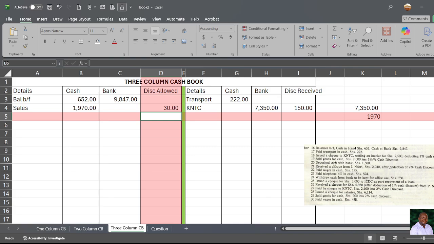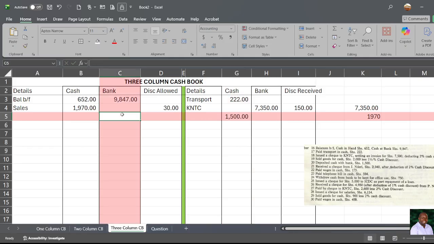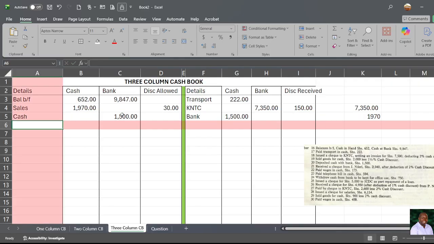On the 20th, they deposited cash with the bank. So cash is losing 1,500 and the bank is gaining 1,500. The bank is gaining this from cash, and cash is paying this to the bank, and that is what we call a contra entry.